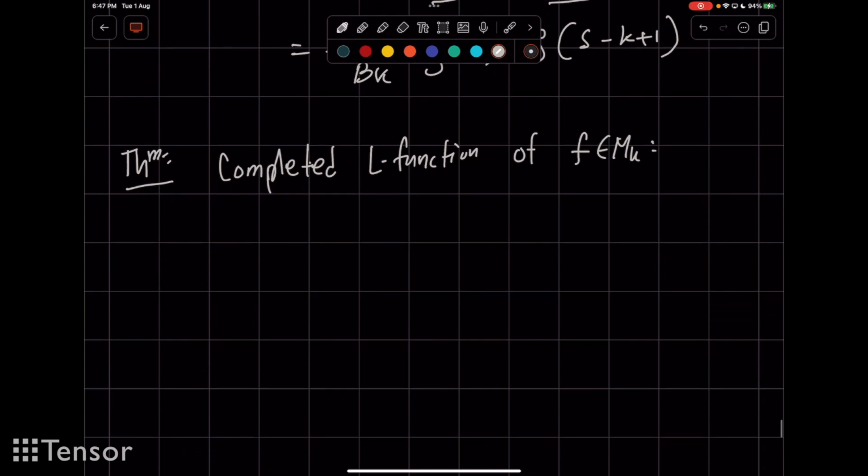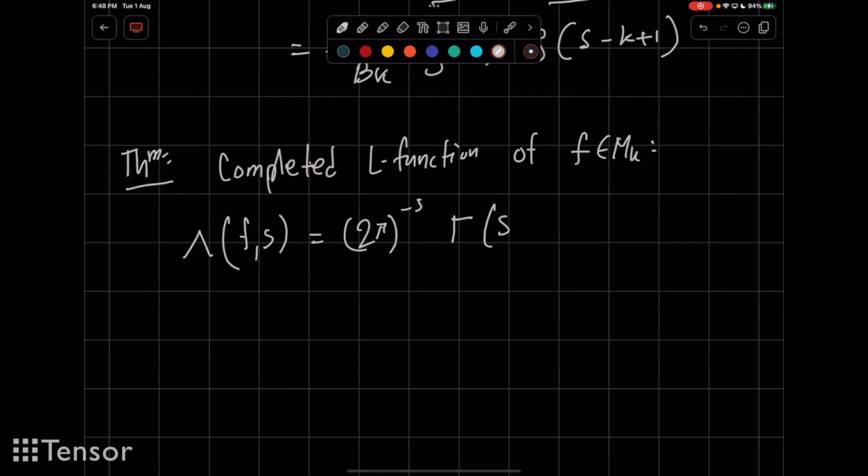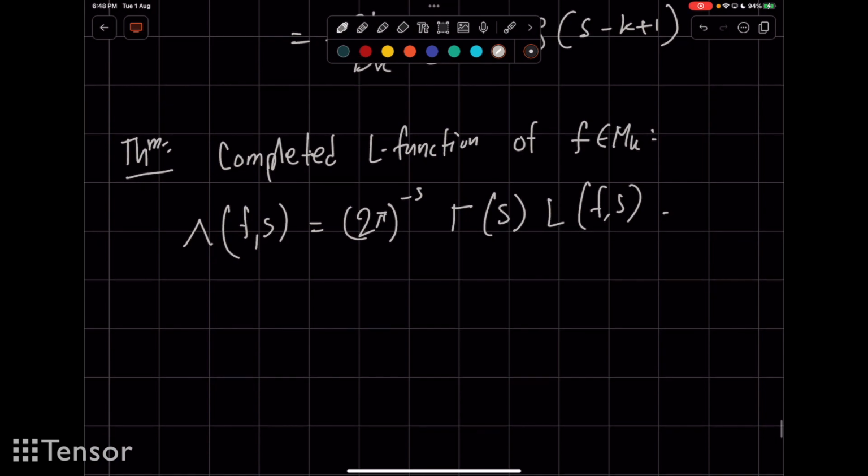We define it like this: lambda of f comma s is equal to (2 pi) to the power minus s, gamma of s, then the L function. It's reminiscent of the completed zeta function, where we define the new zeta function using the old zeta function and gamma function and some factor of pi to some power, right?